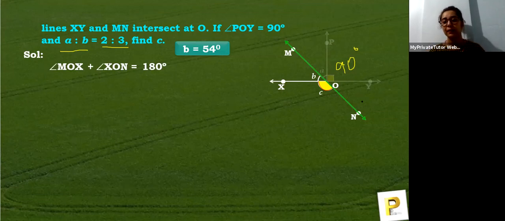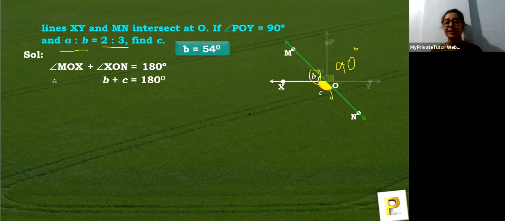MOX and XON, like this is this angle. How do they total 180 degree? Linear pair, yeah, totally correct, Sarah. That's linear pair of angles, okay? So because of that, they are 180 degree.